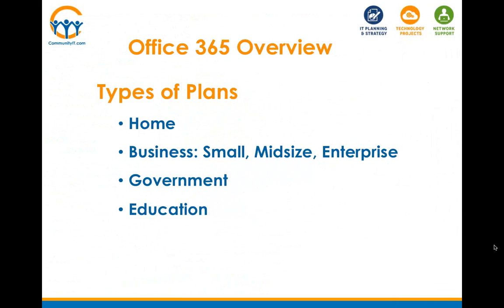Then you have your government offering and the education offering. The price chart for all of these offerings varies, and honestly, the pricing is very complicated, as we're probably used to with Microsoft. So I'm going to be sharing a link at the end of this presentation, on one slide, so that you can review all the offerings and the pricing.